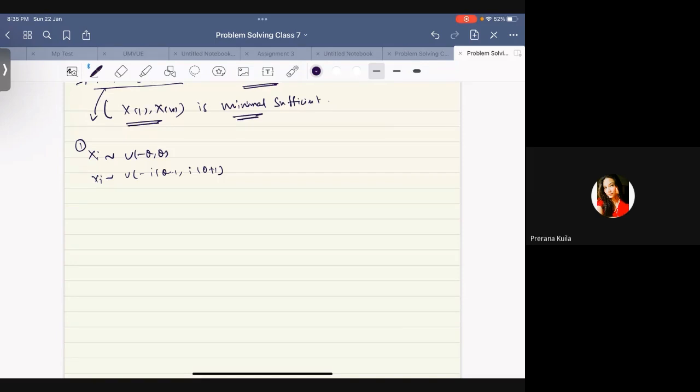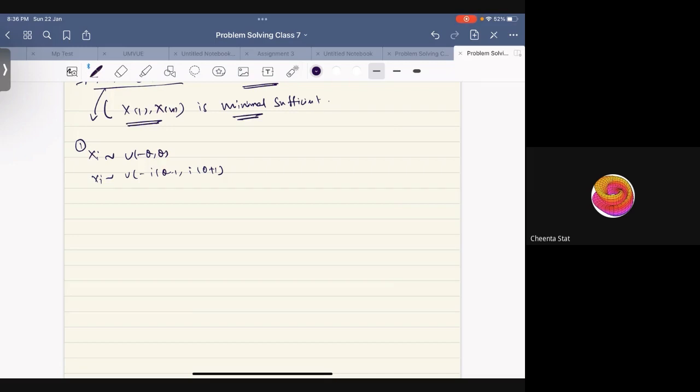Then the UMVUE of theta one we can say is X order one minus X order n divided by n, right? No, you don't get my point.